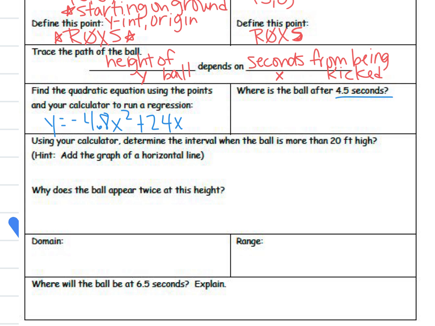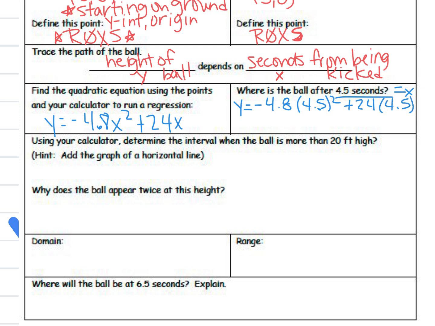Where is the ball after 4.5 seconds? So this is where Desmos is going to come in handy, or you can use your calculator. 4.5 seconds. Seconds was our x. So you can do a couple of things. You can say negative 4.8 times 4.5 quantity squared plus 24 times 4.5.